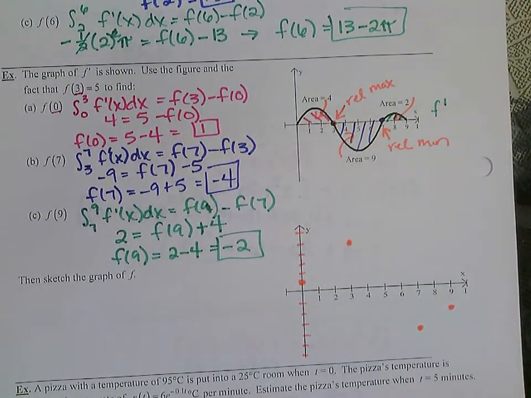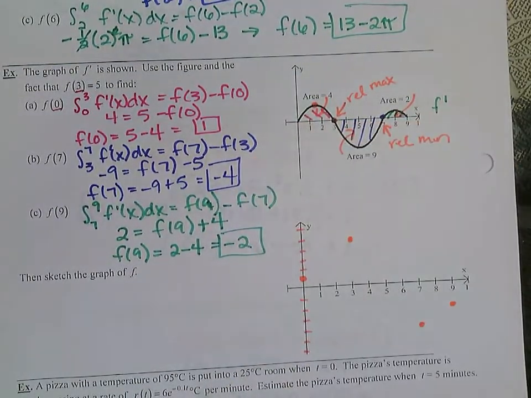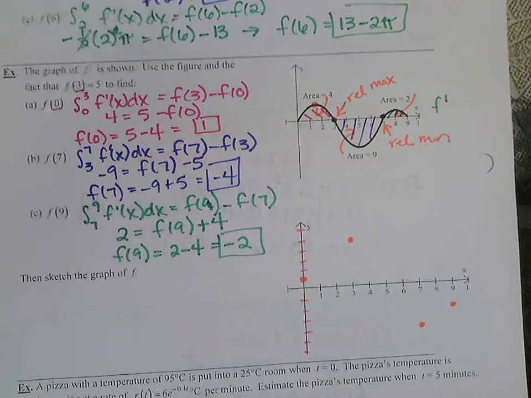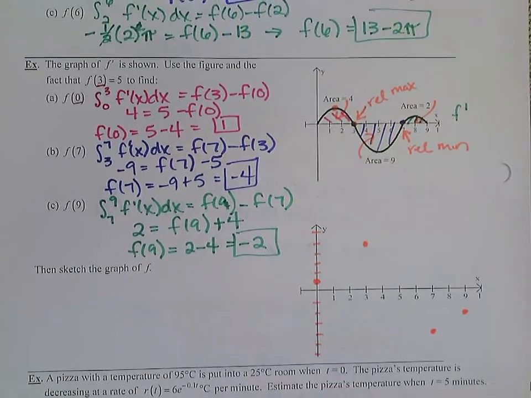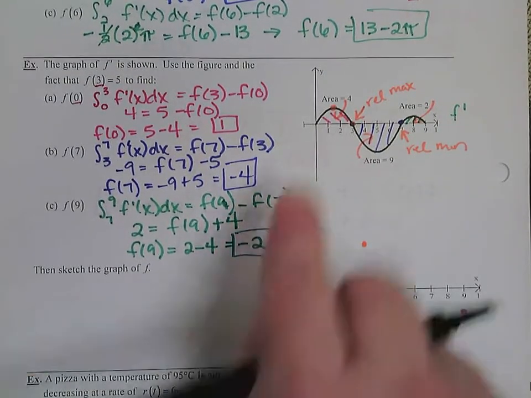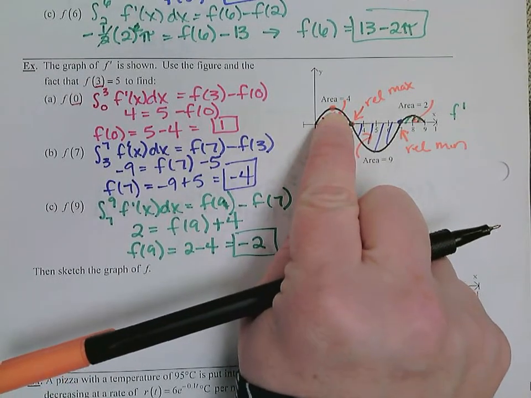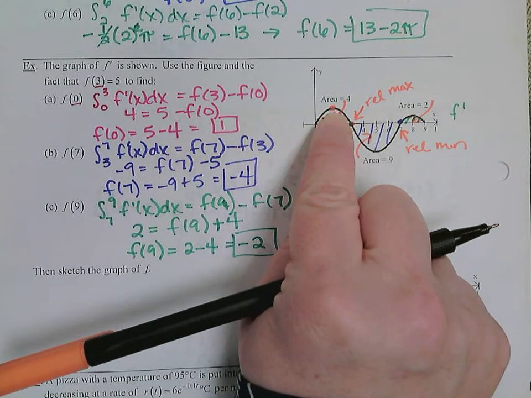What about in here at about 1.5? What happens with our derivative? At about 1.5, right here. This relative maximum of the derivative, right here. What happens with our derivative at this point? The derivative changes from increasing to decreasing.